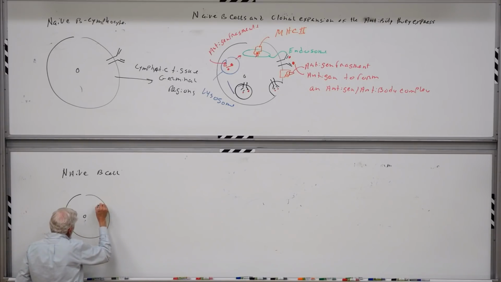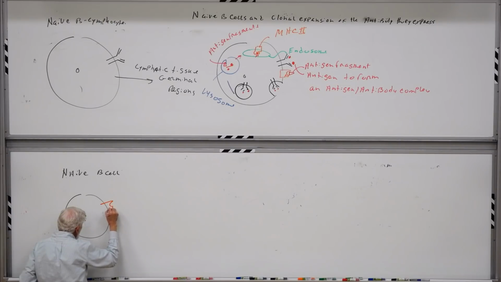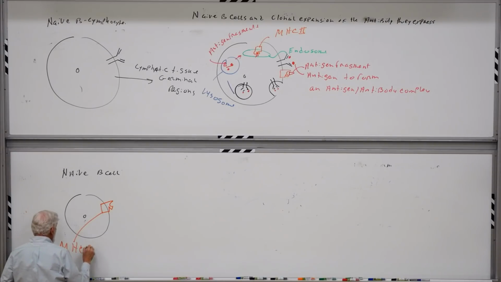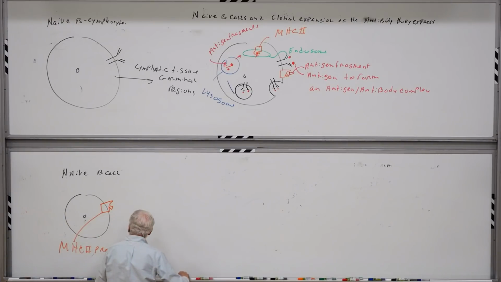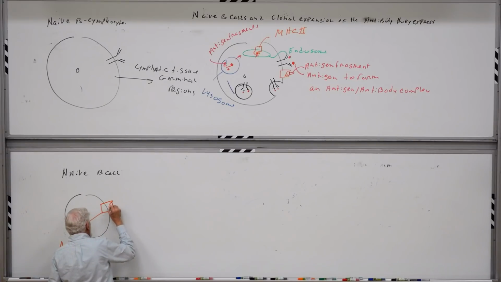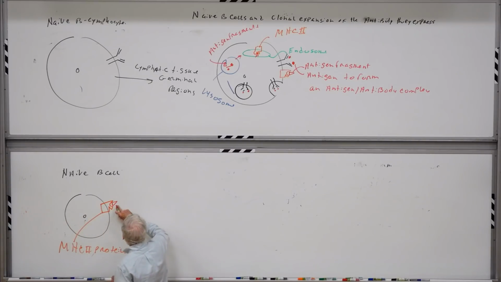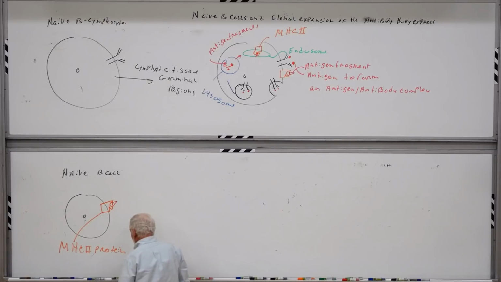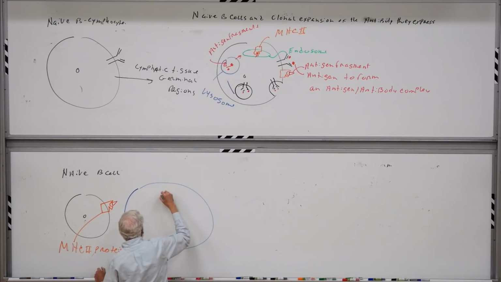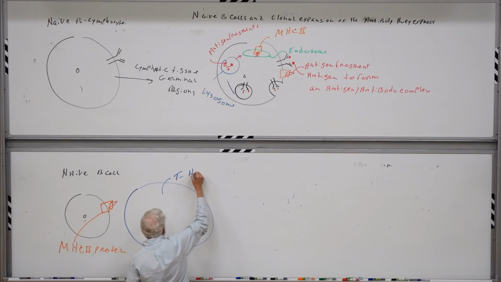So that on its surface is this MHC2 protein displaying the antigen fragment that is the result of endocytosis of the antibody antigen complex. Now over here in blue is the next cell type in the story. This cell type is said to be a T helper cell.